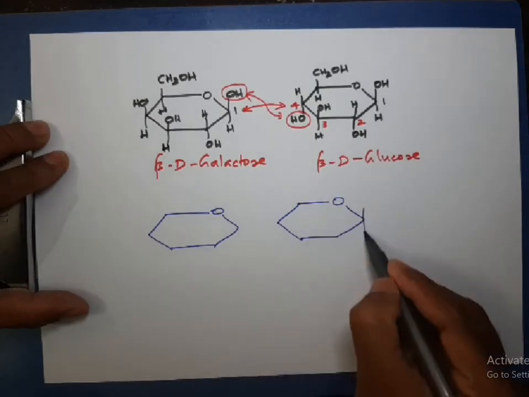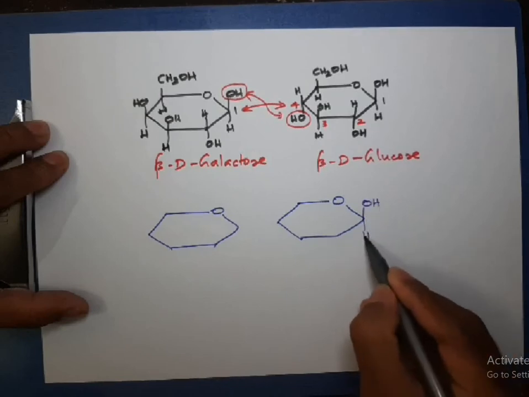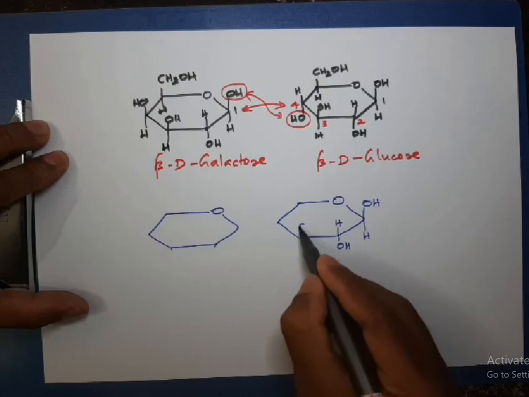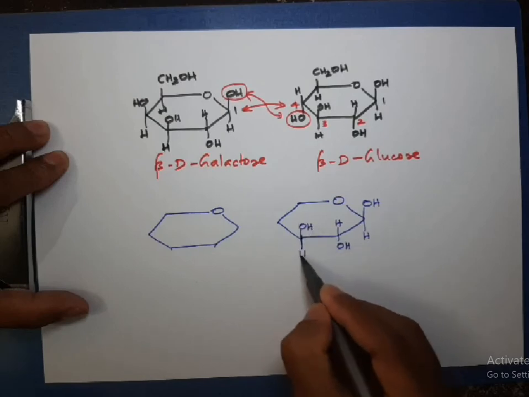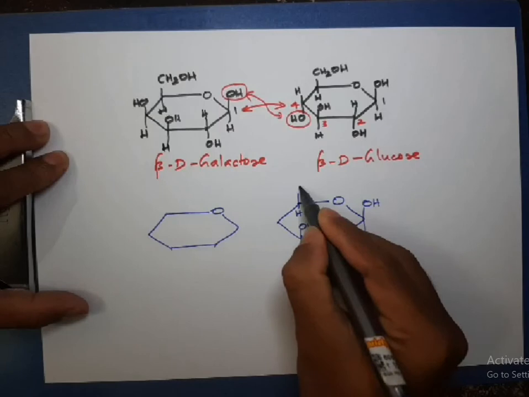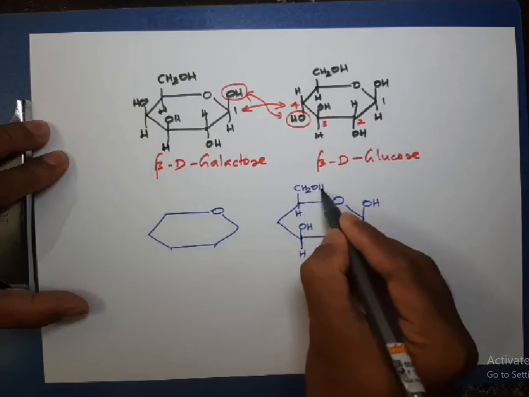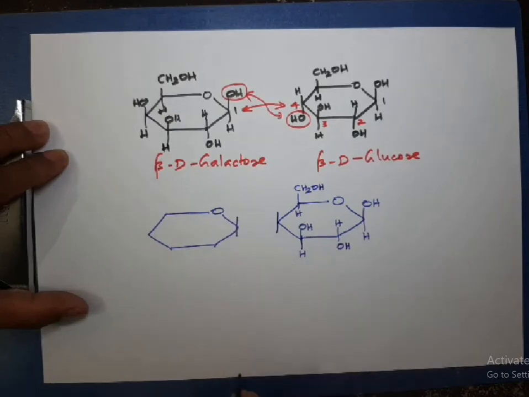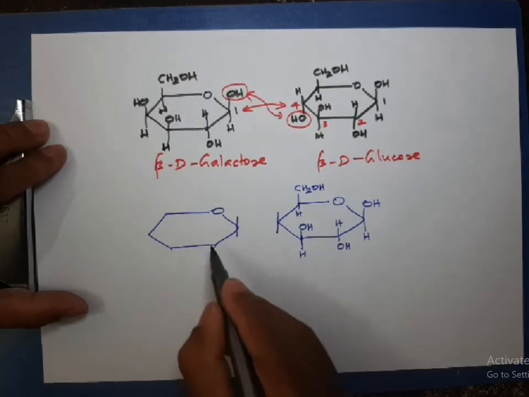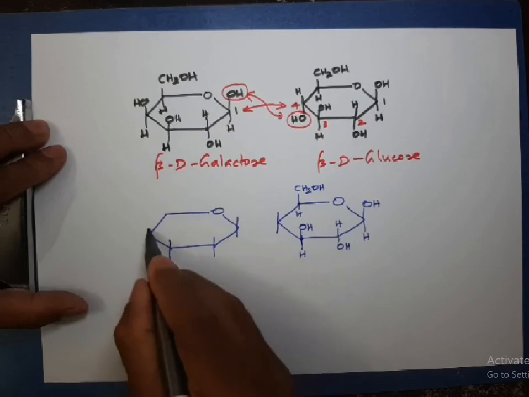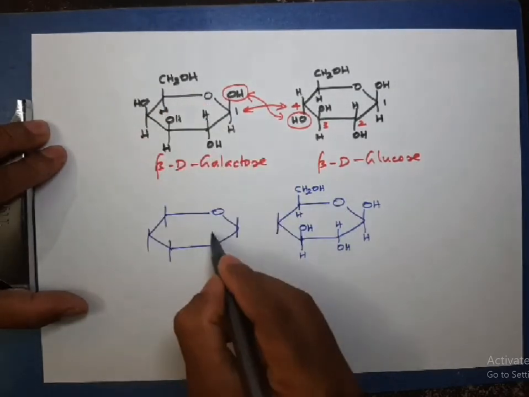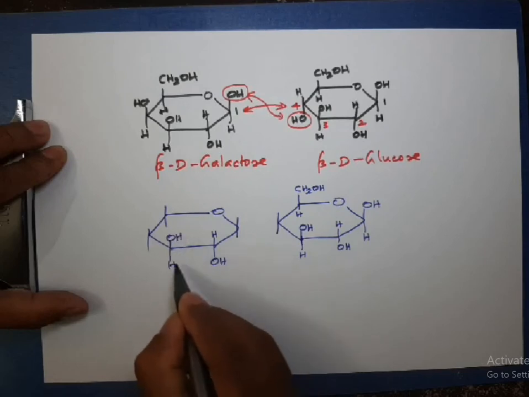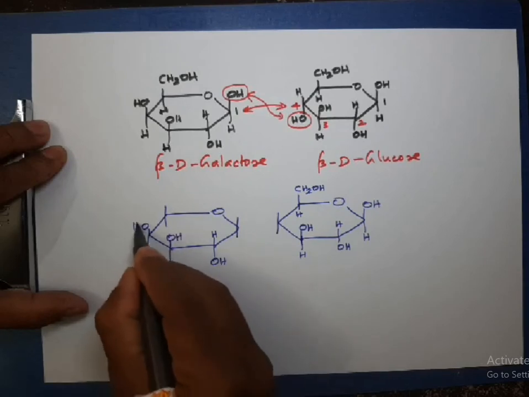Here we have OH group above, hydrogen below. Here hydrogen above, OH group below. Here OH group above, hydrogen below. Then the fifth carbon hydrogen below, CH2OH above. I'll keep these bonds as such, and we'll connect them. Here you have to keep the groups as such: H, OH, OH, H, H, OH, H, CH2OH.